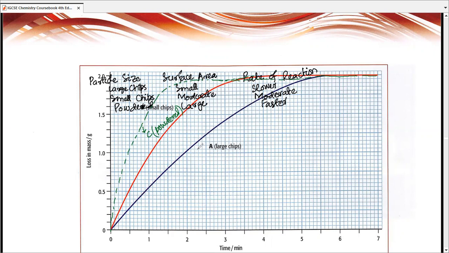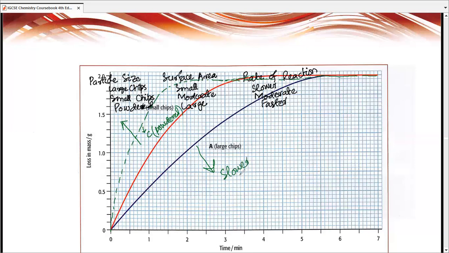Remember, the larger the particle size, the more the graph is going to be towards the x-axis and less steep. The smaller the particle size, the steeper the graph is going to be and closer to the y-axis. And since we've already discussed, I hope you remember my previous point, the more the graph goes towards the x-axis, the slower the graph gets.